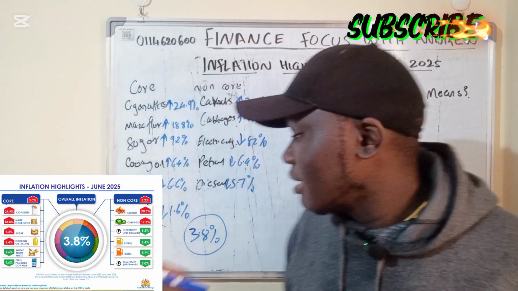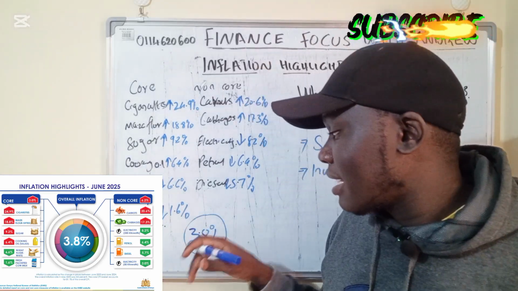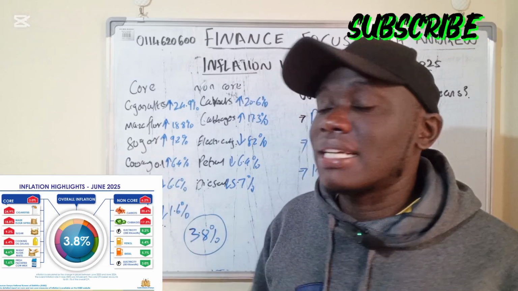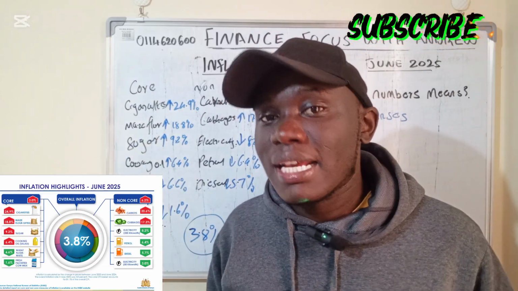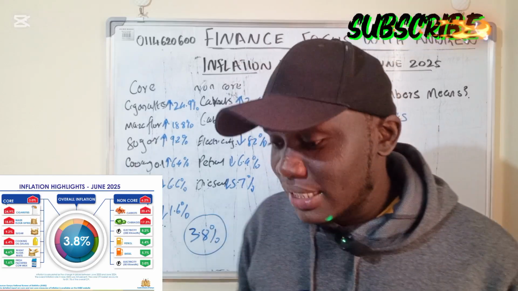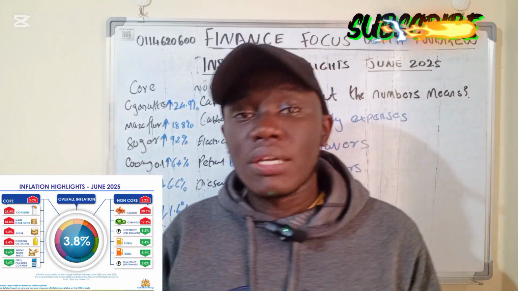So that is what the inflation rate of 3.8% means. It means that the general price of goods and services in this country for the last 1 year has increased by 3.8%. I'm sure now we are able to define inflation and how to calculate it.